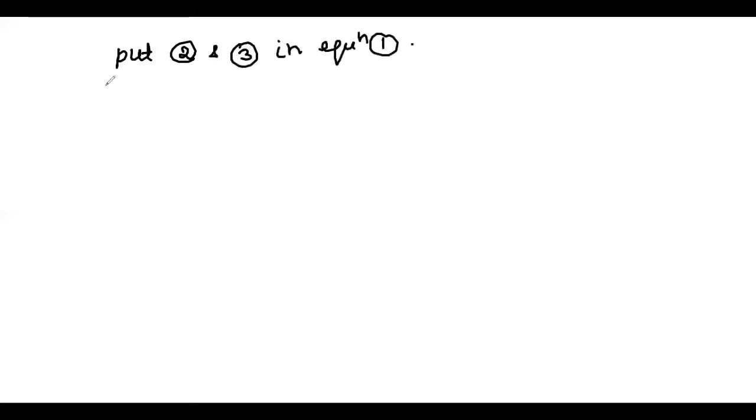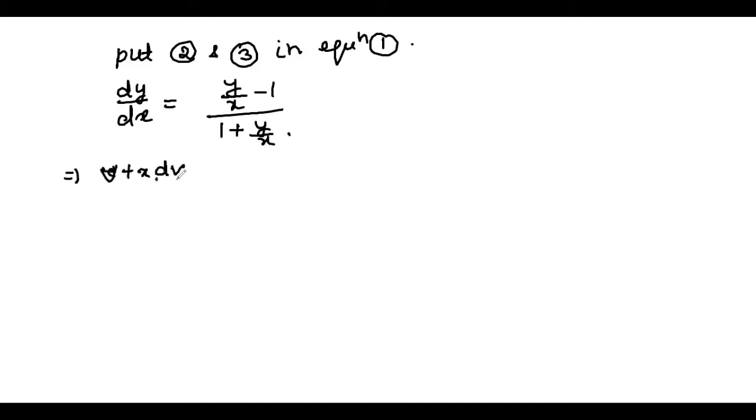So in place of dy/dx, we write v + x dv/dx, and y/x we write as v, giving (v − 1)/(1 + v).